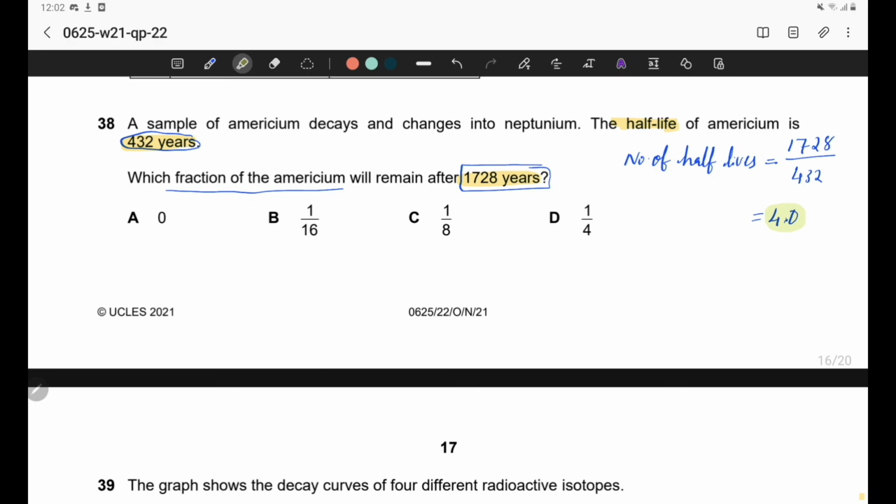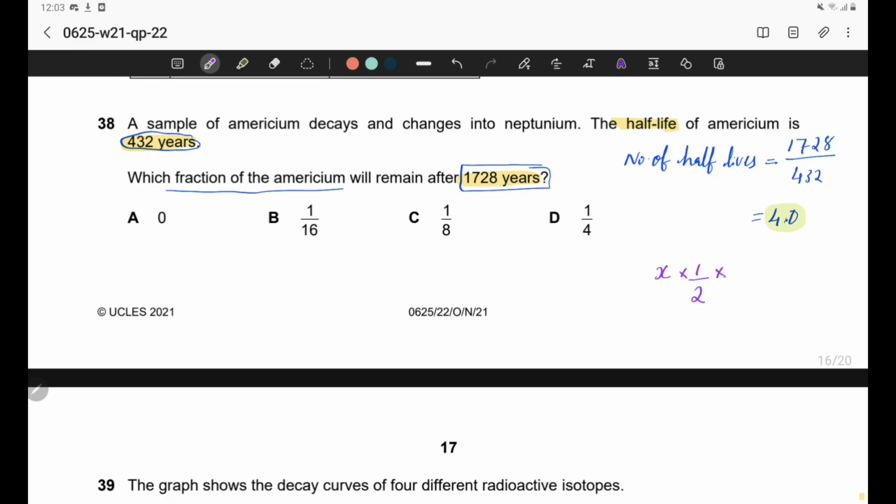So after 4 half-lives, how much will remain from the initial sample, or the sample at the starting time? So we can consider that we had X amount of sample at the starting time, or when time is 0, the initial time. After 1 half-life, it will become half of this initial value.